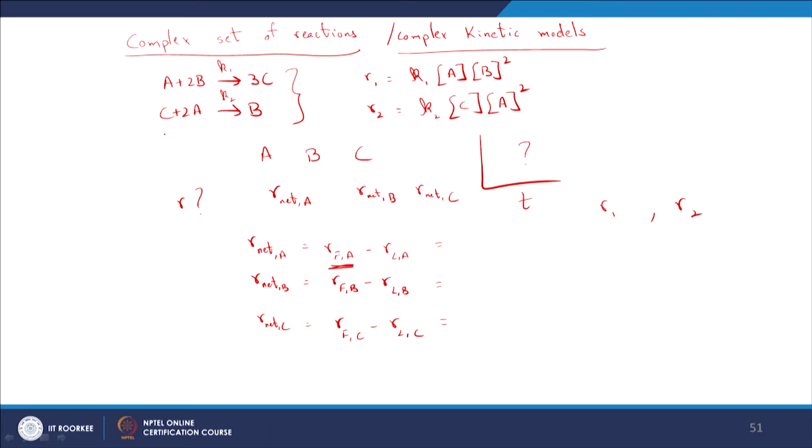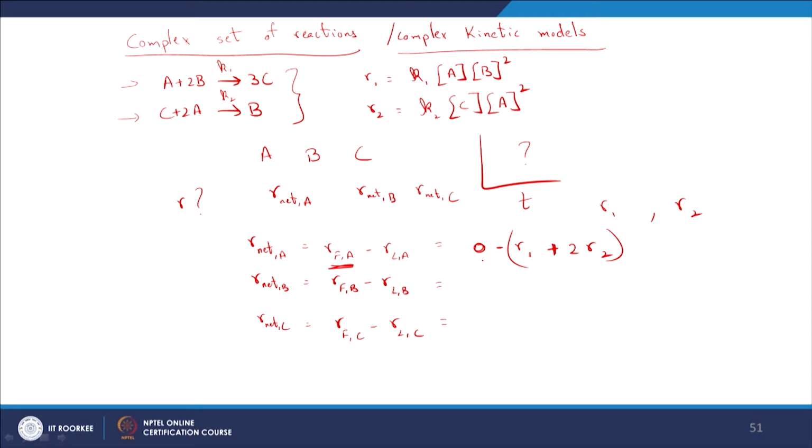It's being formed nowhere, so that's going to be 0, right? Minus the rate of loss. How is A being lost? It's being lost by both the reactions. So we are going to have minus the rate of reaction 1 because the stoichiometric coefficient is 1 here, and minus 2 R2, right? Hopefully that makes sense. Yes. So it's just minus of R1 plus 2 R2.